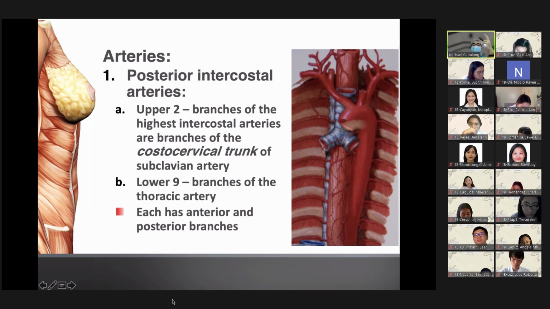So these are the upper two. The origin would be your costocervical trunk of your subclavian artery, whereas the lower 9 will be branches of your thoracic artery. So this will have two branches, an anterior one and a posterior one. And you will see this coursing through and passing through the subcostal groove.